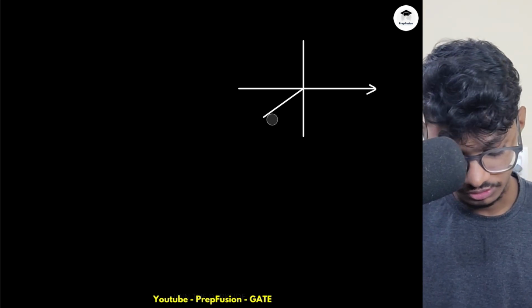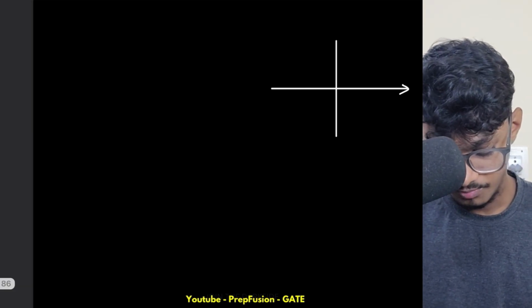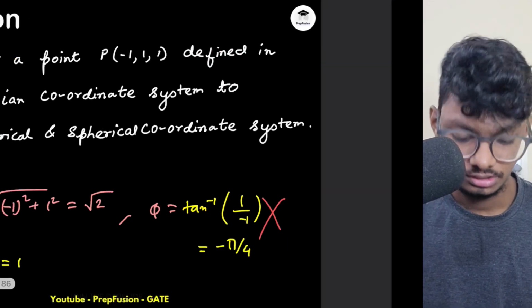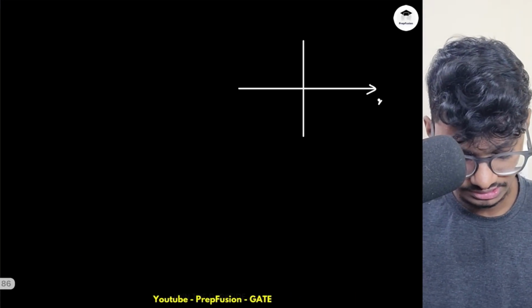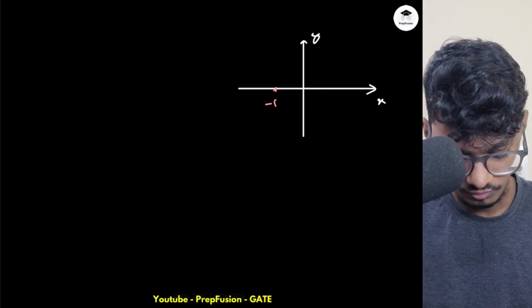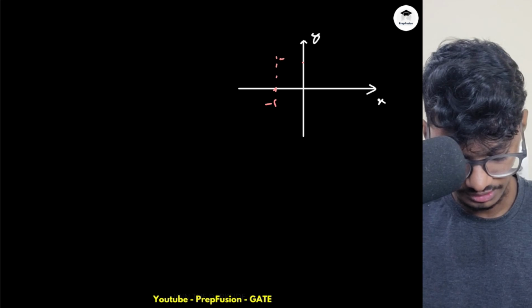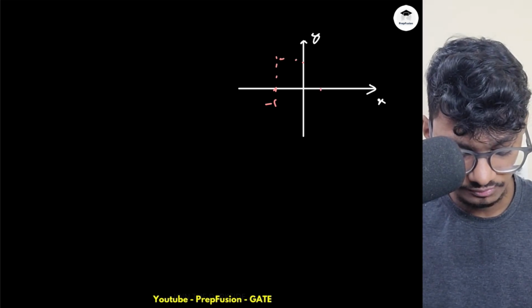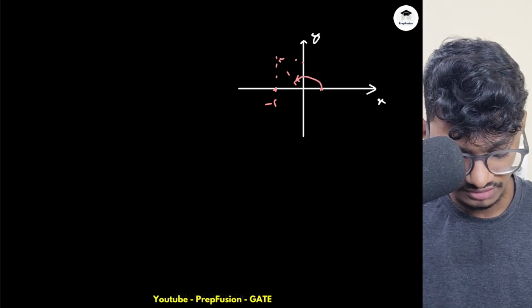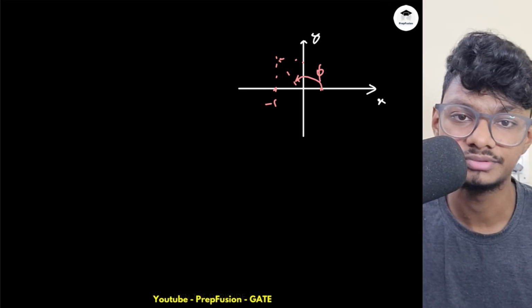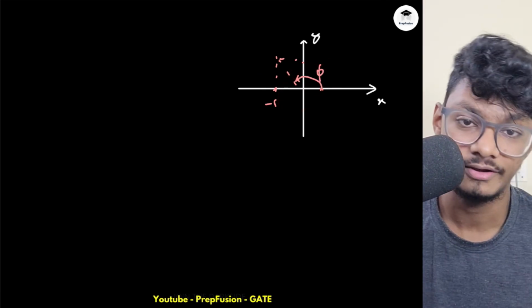If I just draw the xy for now, let's say this is x, this is y, the point is in minus 1 and 1, somewhere here. And what was phi supposed to be? Phi was supposed to be the angle with respect to the positive x-axis. So here I observe, obviously this is wrong.